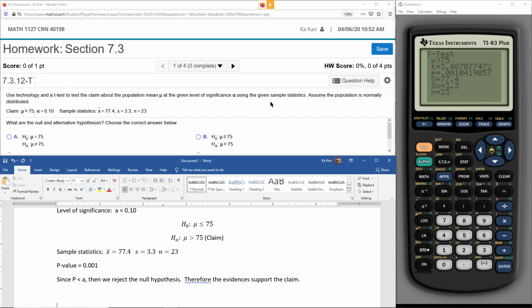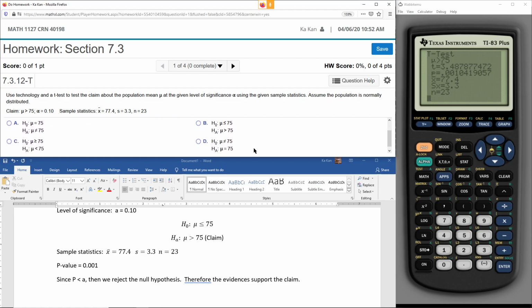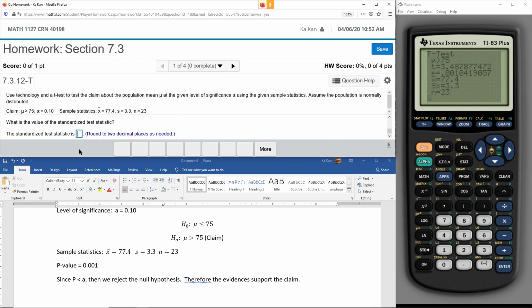So now let's look at the question over here. The first part is less than or equal to, so that should be B as the answer. There was also a standardized test statistic. So we did a P value, but they also give us the statistic, which is right here.